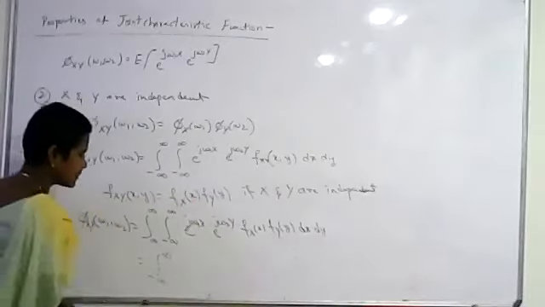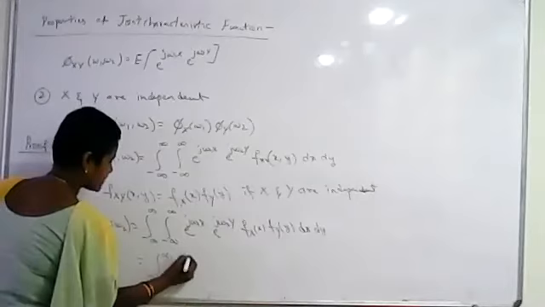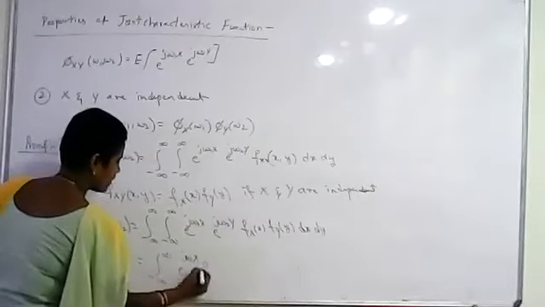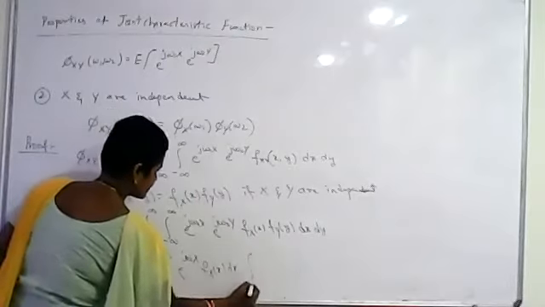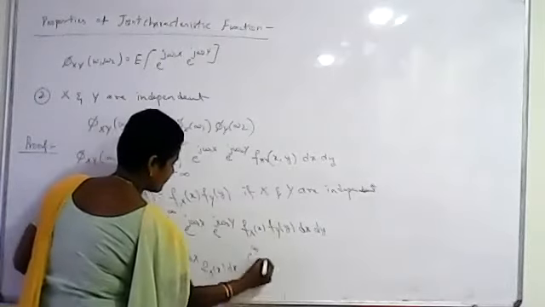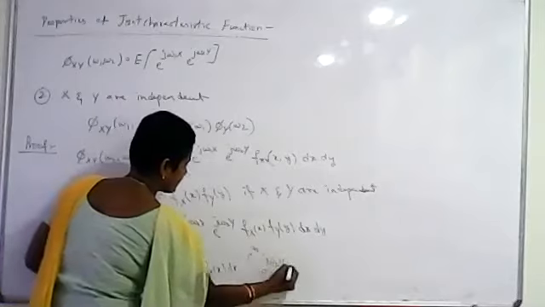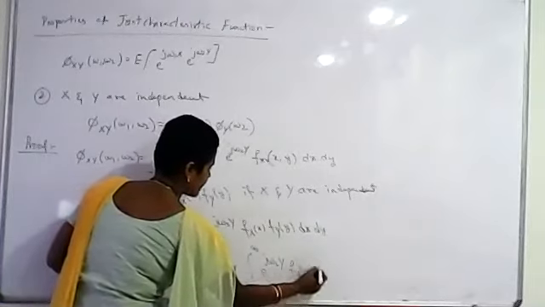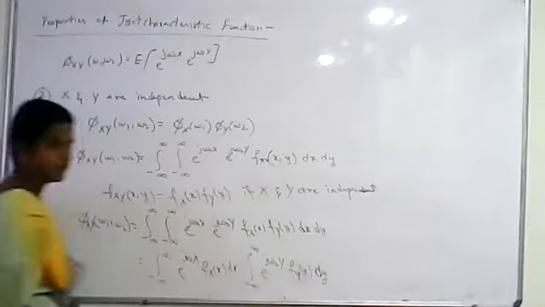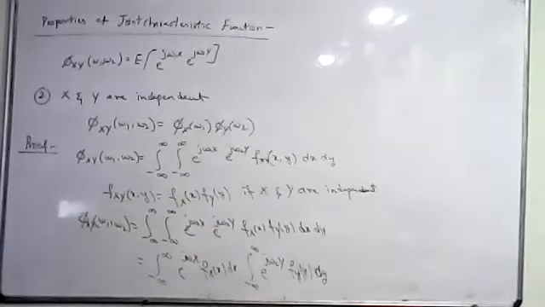Integral minus infinity to plus infinity, write all x variables here, e power j omega 1 x, f x of x dx, integral minus infinity to plus infinity e power j omega 2 y f y of y dy. Write x variable separately, y variable separately. Okay.